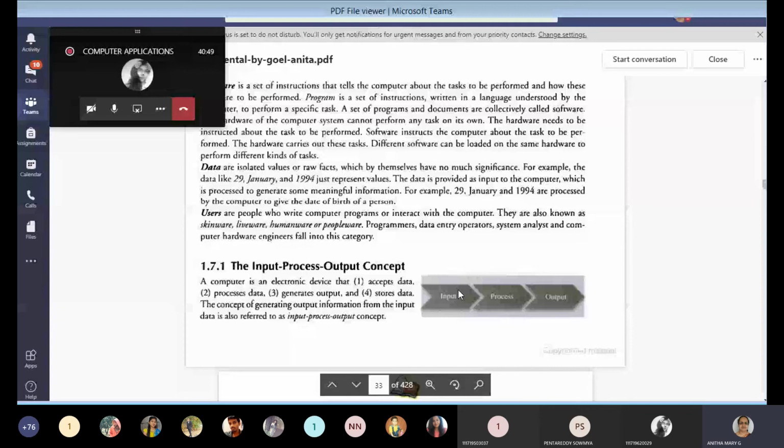Whatever is given through the keyboard has to be processed, and then it has to generate the output. If you see this diagram keenly and just follow the mouse cursor while I'm teaching, this is the fish notation, showing what exactly is happening. So that is what we call the input process output concept. When you give input, it will process and give output.